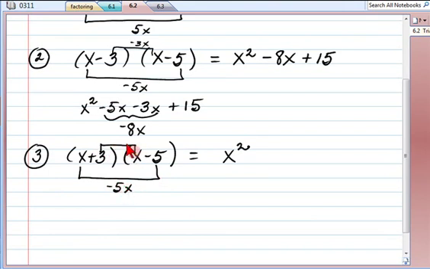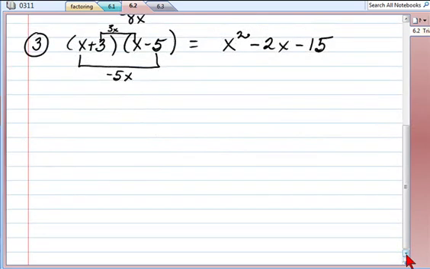The inner product is positive 3x. Now this time they have different signs. So if I have one positive and one negative, I subtract, keeping the sign of the greater one, for minus 2x. Product of the last is minus 15. So this time I got a last term which was negative, and that makes sense because I multiplied one positive times one negative to get that minus 15.